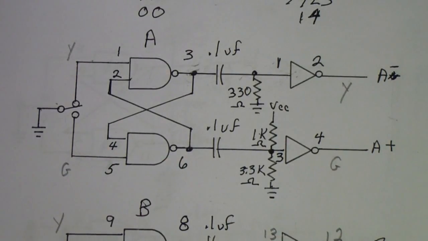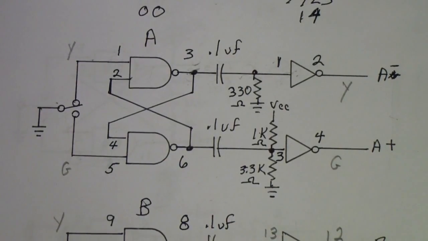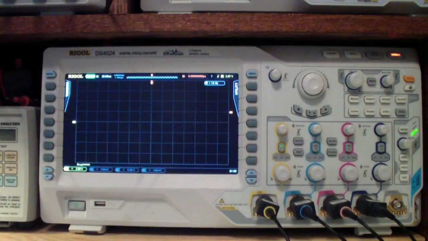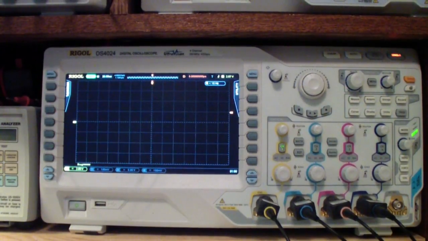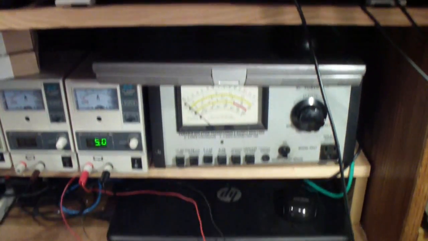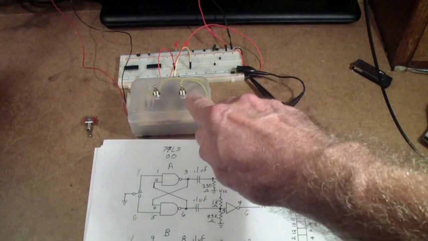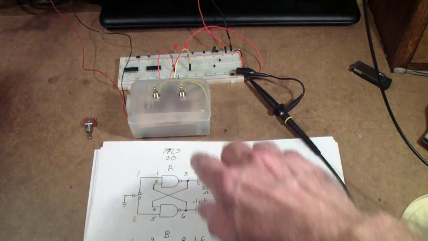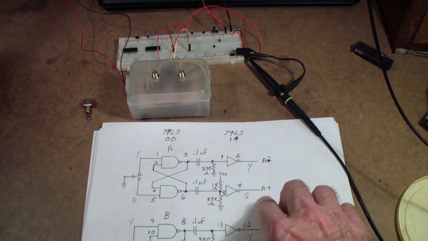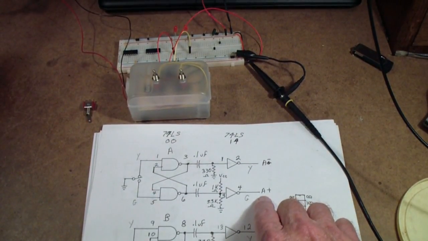So let's take a look at that on the scope. Here is an oscilloscope set up and connected by this probe to the positive plus output, which is this output, in other words, the A plus output.